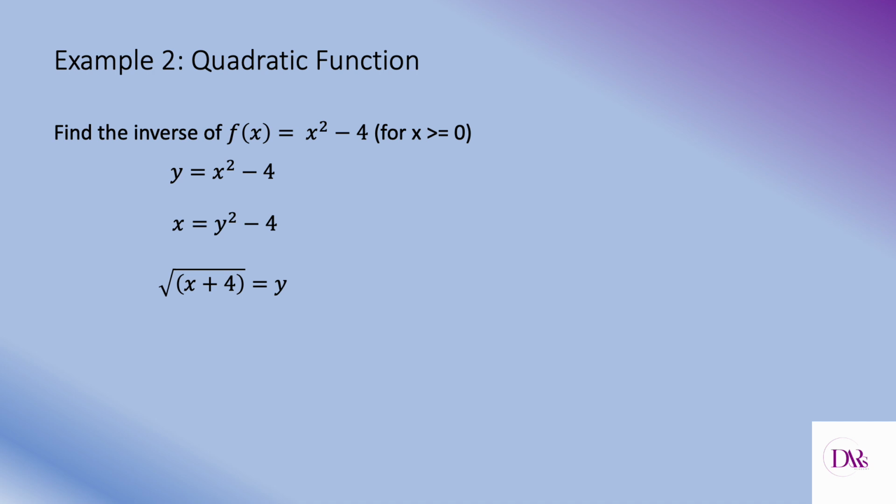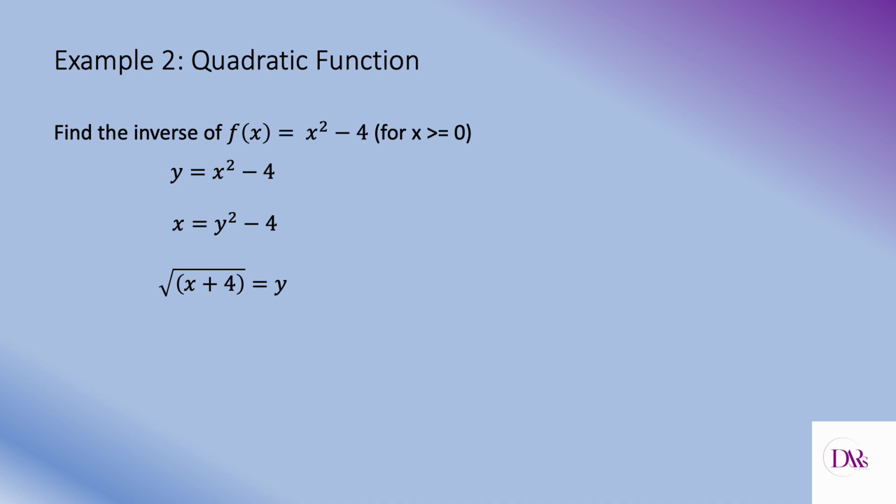Now we're going to solve for our y, making our y the subject. So in this case, we added 4 to both sides, and we're given x plus 4 equals y squared. Then in order to remove the square, we must take the square root of both sides. And in the end, we are looking at the square root of x plus 4 equals y.